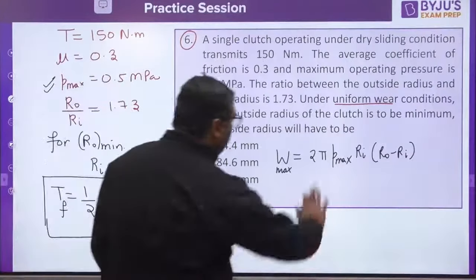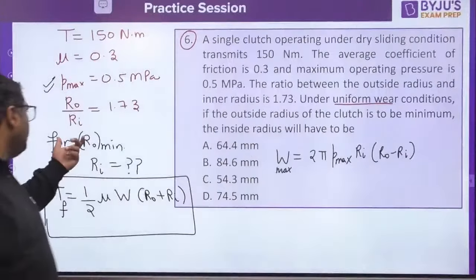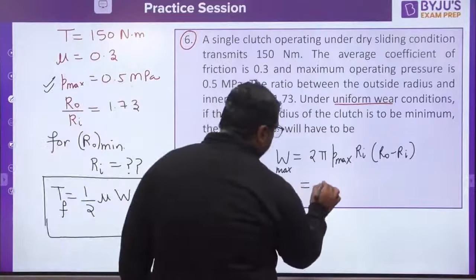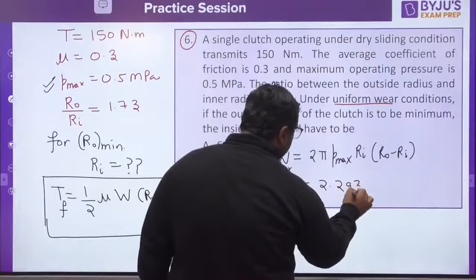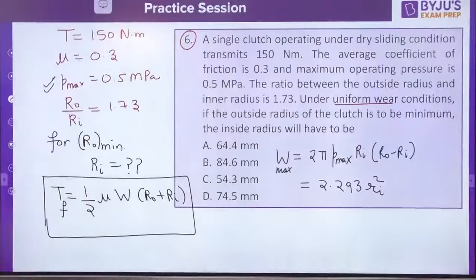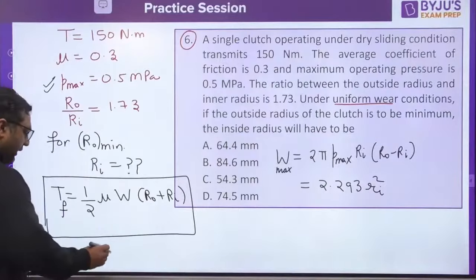Here, when you would be putting all the things, R naught is in the form of 1.73 RI. Then W would be coming out to be 2.293 RI squared. This is what you are getting in terms of RI. Small RI, capital RI, whatever you want to write. Putting this value, you would be finding out RI.